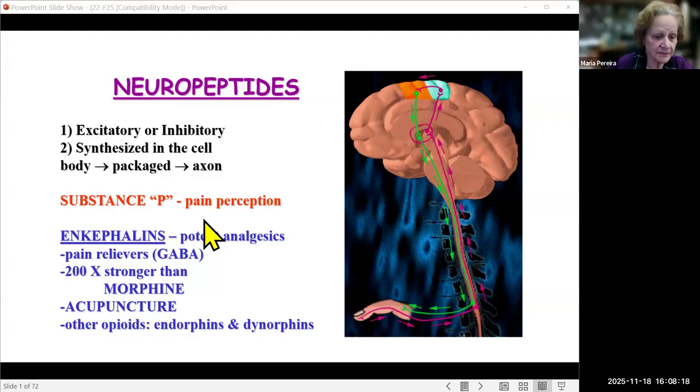Okay, so one of these neuropeptides is known as substance P, and it's a neurotransmitter that is involved in the perception of pain. So the pain sites in the brain are located in the cerebral cortex, as you can see here. So you see the sensory neuron, which at the end would have a receptor for pain. Pain receptors are very simple receptors. So the eye is a very complex receptor for photons.